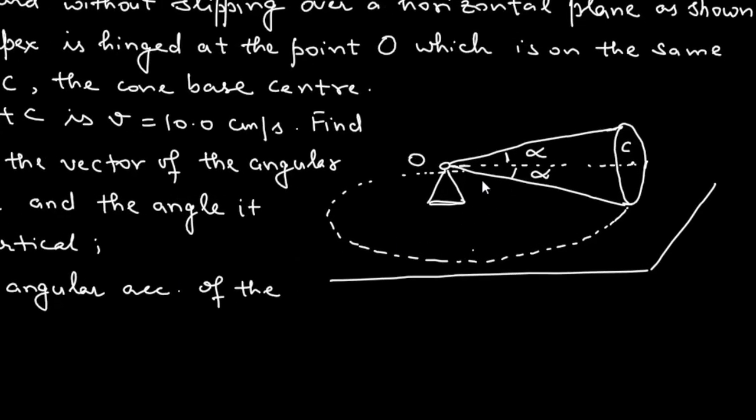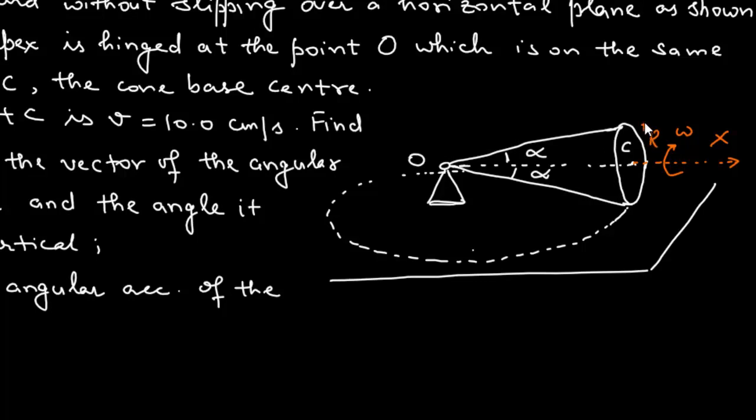Now this is our cone and it is rolling, rotating about this axis. Let this be the x-axis and let this be the angular velocity omega. Clear? And r is its radius.